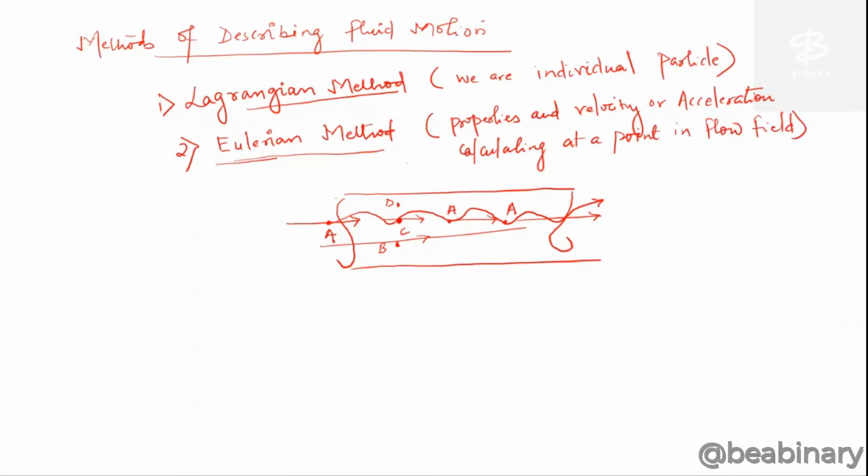So the next topic of the discussion is different types of flow. So first flow is steady and unsteady flow.